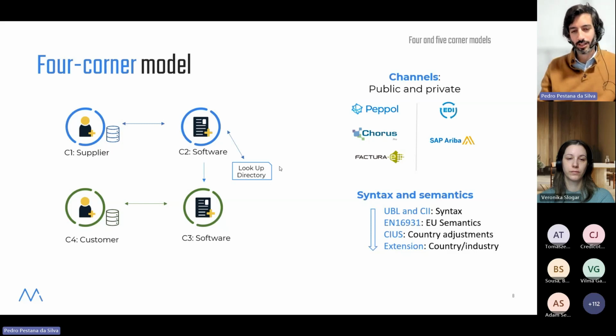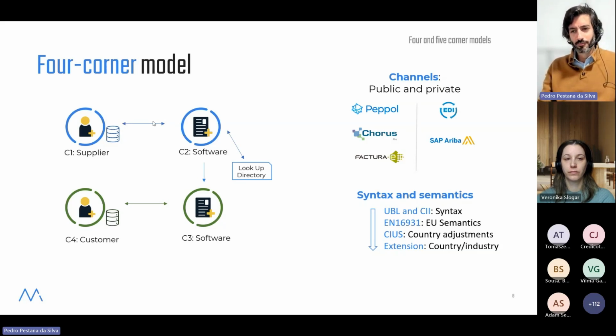There is typically, particularly on public networks, a public directory where there will be a connection. In PEPPOL, it's called SMP. There'll be a connection where the software looks up who to send the invoice to and then sends that invoice to the software of the customer. Yeah. So these are the four corner models.